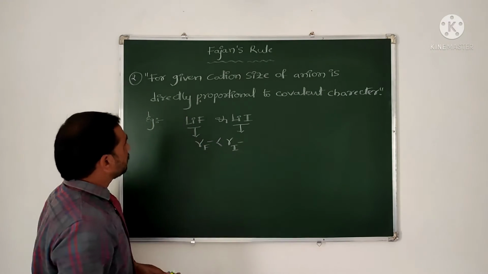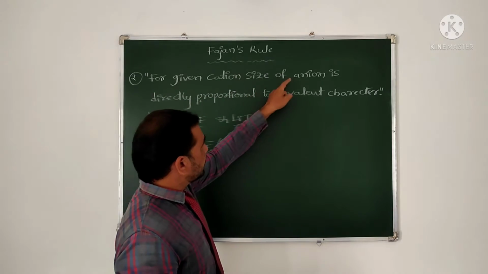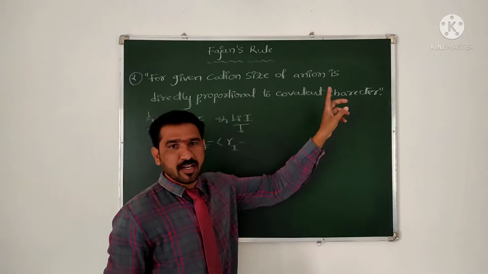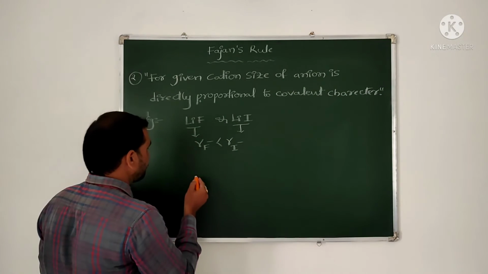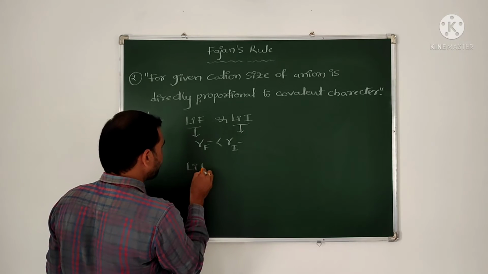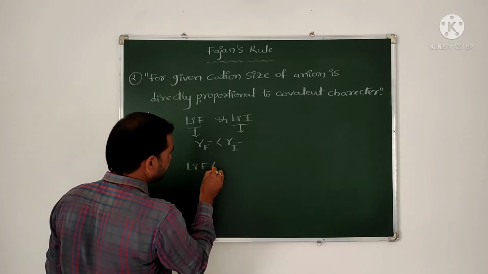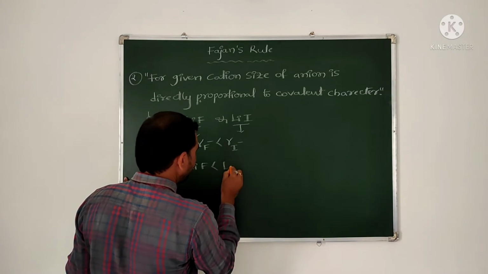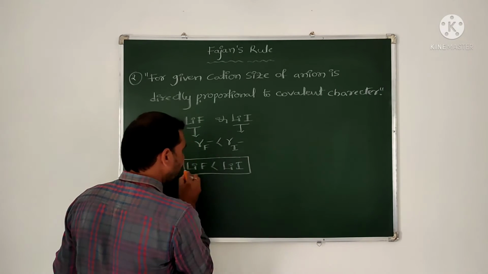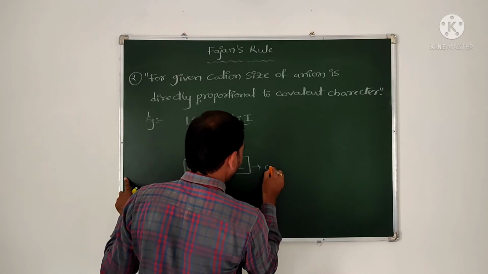With respect to this rule, for a given cation, size of anion is directly proportional to covalent character. Therefore, lithium fluoride has less covalent character than lithium iodide. This is the order of covalent character.